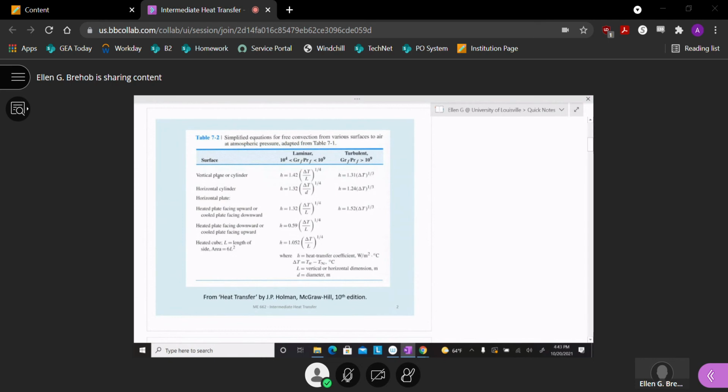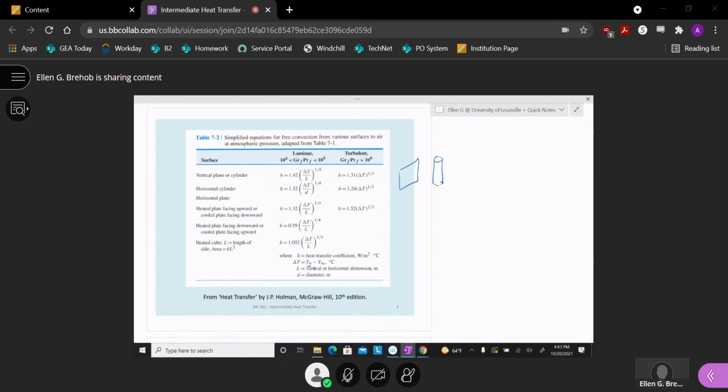If we look at this, this is saying a vertical plane or cylinder, and they give the heat transfer coefficient. It's got a delta T in there, which is the surface temperature minus T infinity. So that's just what we showed in that previous slide.